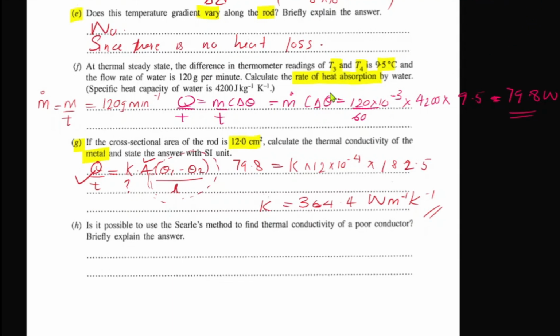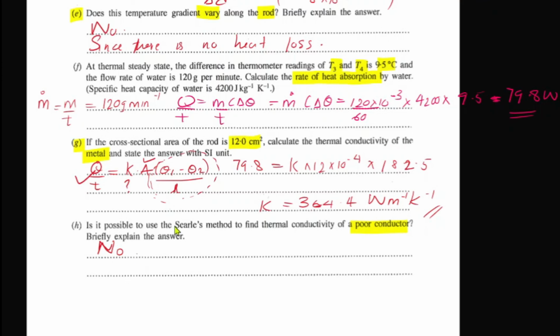They are asking next, is it possible to use the Searle's method to find the thermal conductivity of a poor conductor? Actually, the answer would be no. What might be the reason for this?